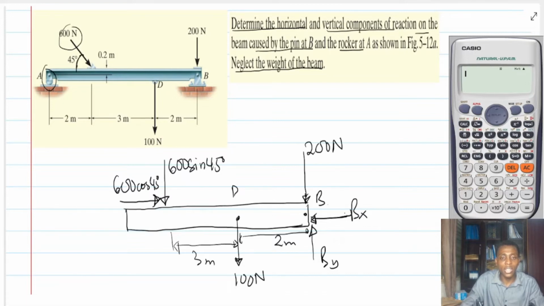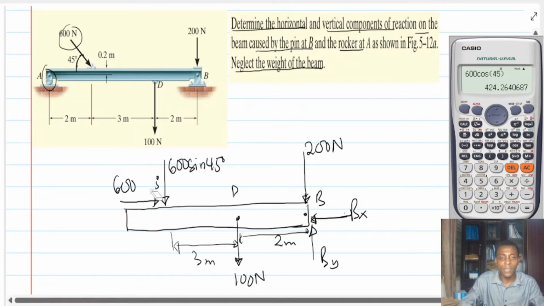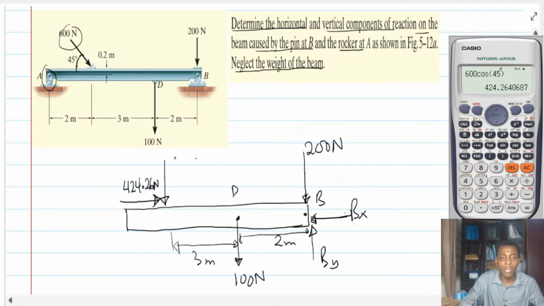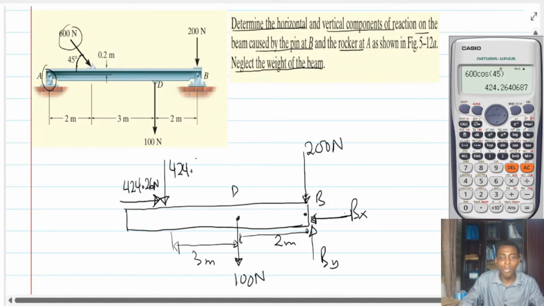Let's try to actually reduce this. So 600 cosine 45 is what? 424.26 newtons. Let's write it. 424.26 newtons. And then also I have 424.26 newtons.